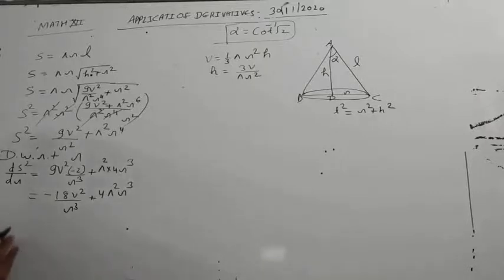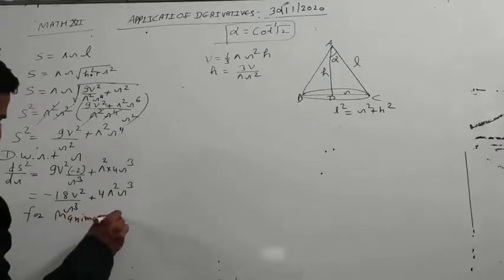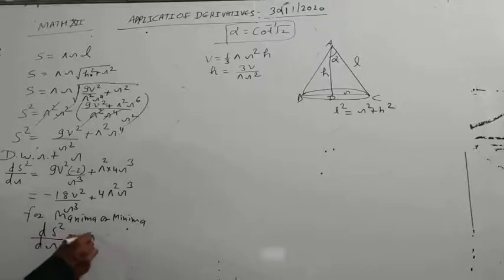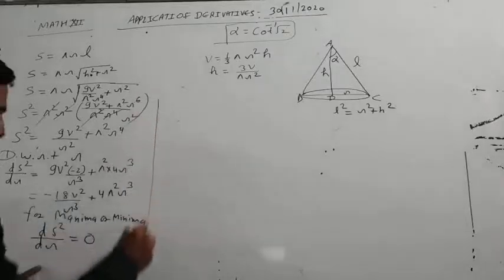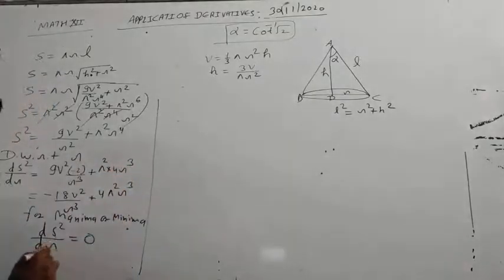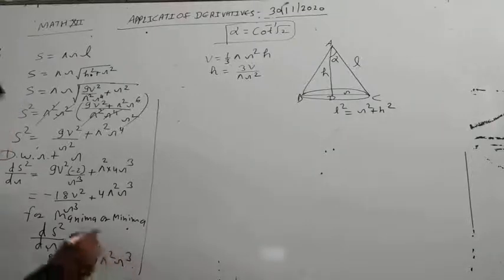So for maximum or minimum, d(S square) by dr is equal to 0. So we get 18 V square by r cube is equal to 4 pi square r cube.